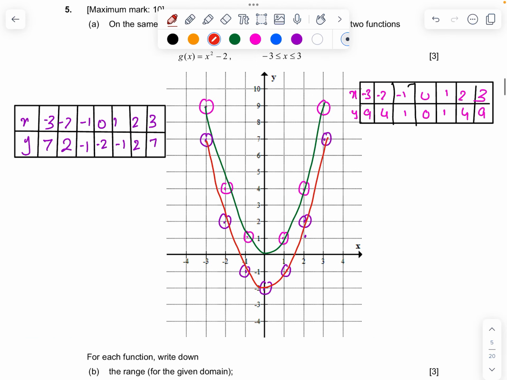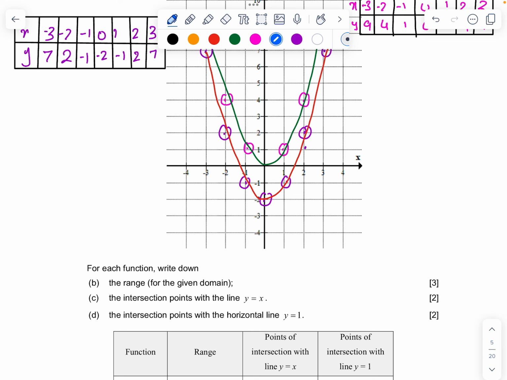Points of intersection with y equals x. So I have to draw y equals x. I'm drawing a straight line.